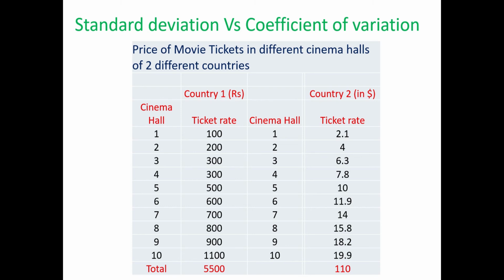And in America, it is in dollars: the cinema hall rates are 2.1, 4, 6.3, 7.8, 10, 11.9, 14, and the total is 110. So this is the difference. These two datasets use different units, rupees and dollars.